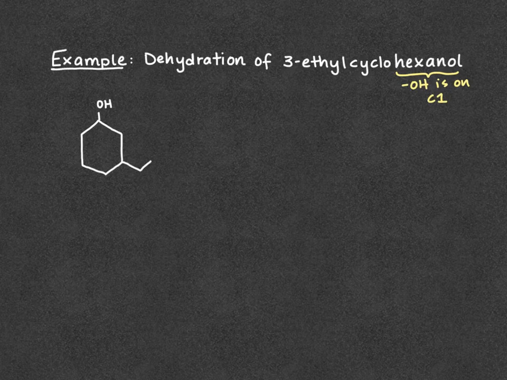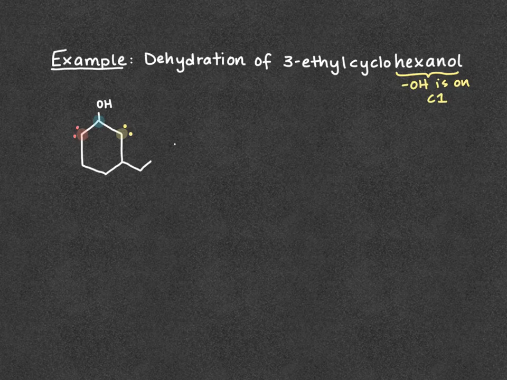Okay, so we're going to start by highlighting the carbon to which our OH group is attached. And we're going to look at the 2 carbons adjacent to that OH. So we have our red carbon and we have our yellow carbon. Our yellow carbon has 2 hydrogens. I'm just going to draw them as little dots. And our red carbon also has 2 hydrogens.